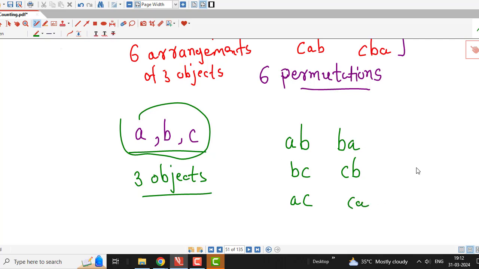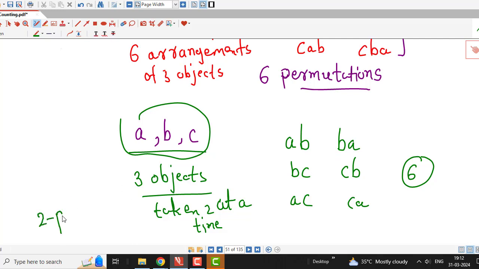So here also we can see that there are 6 arrangements of 3 objects taken 2 at a time. This type of arrangement is called r permutation, or two permutation.